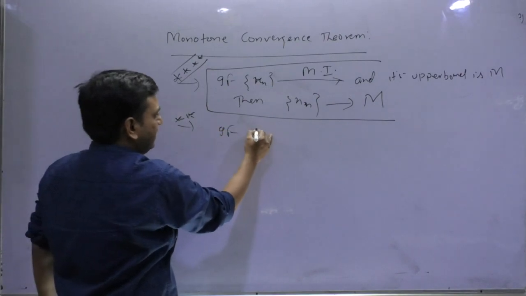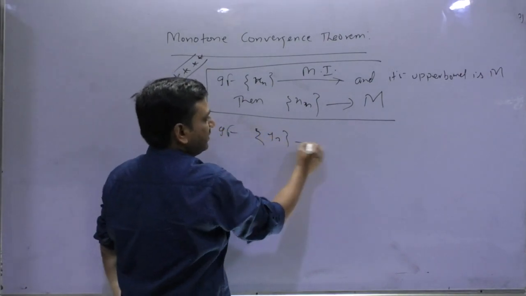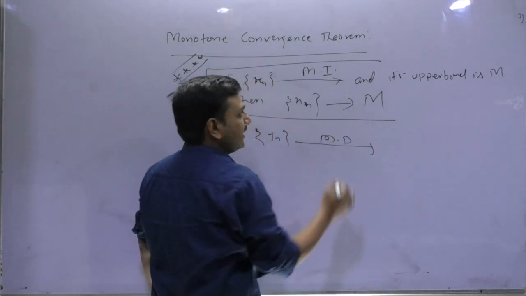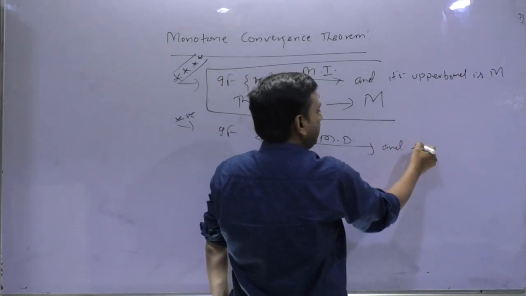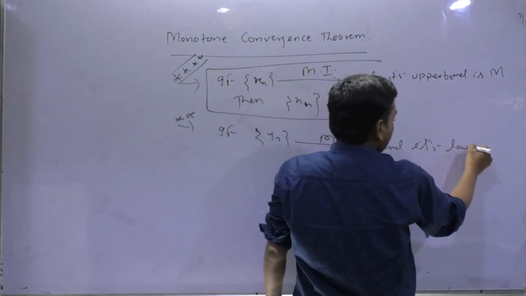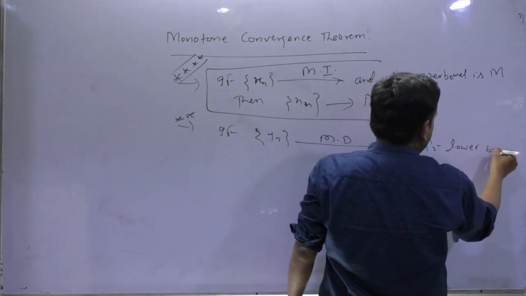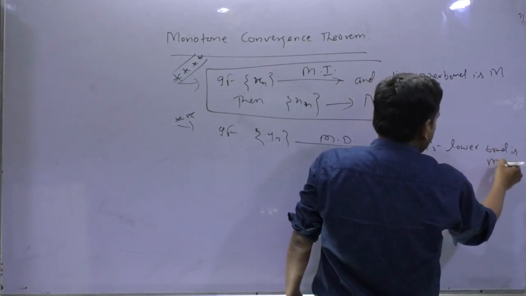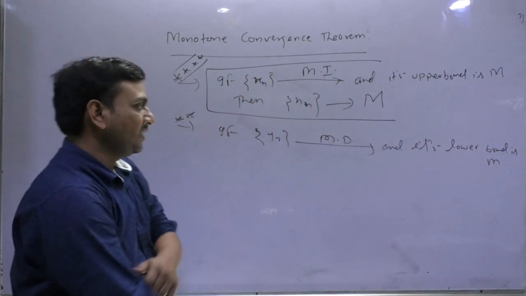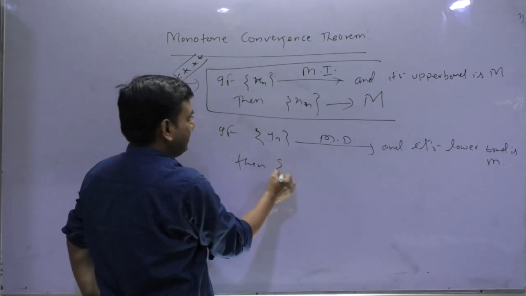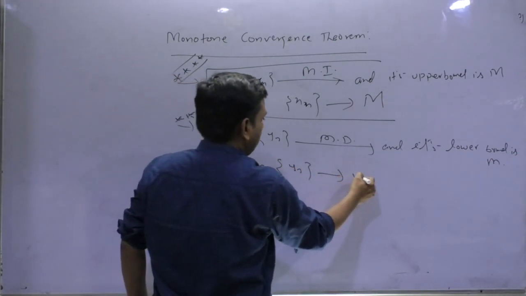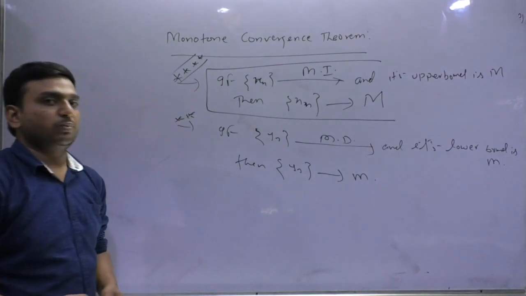The other part is, if some sequence is monotonically decreasing and its greatest lower bound, infimum or lower bound you can say, is small m, then the sequence yn converges to small m.